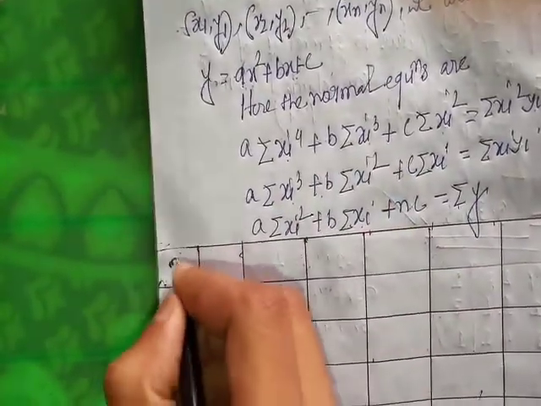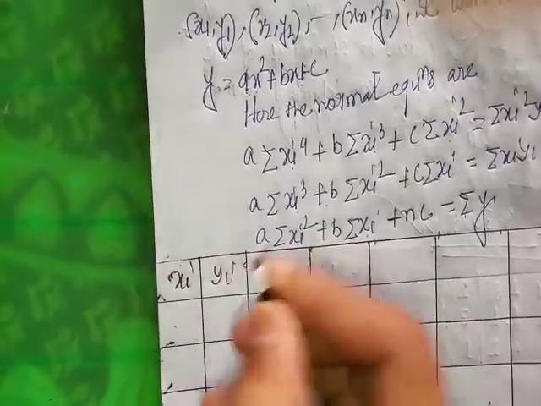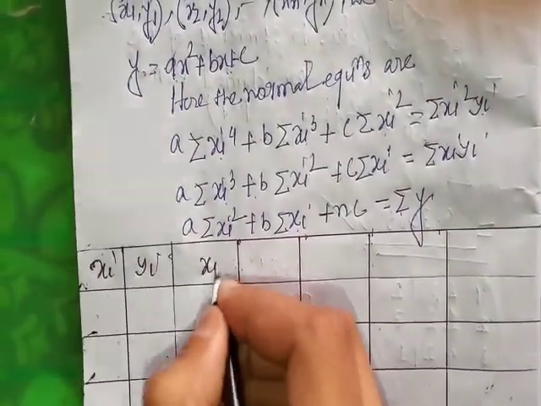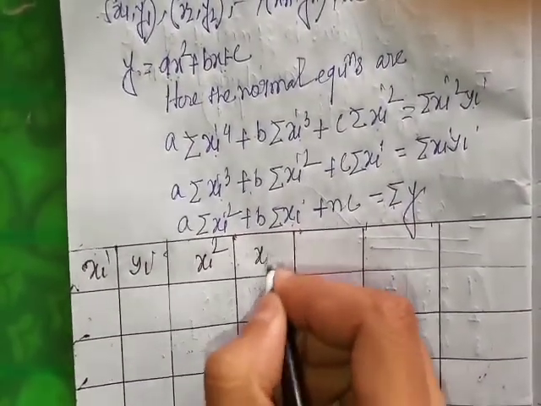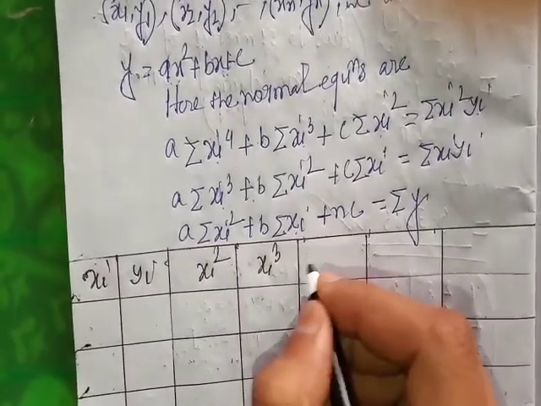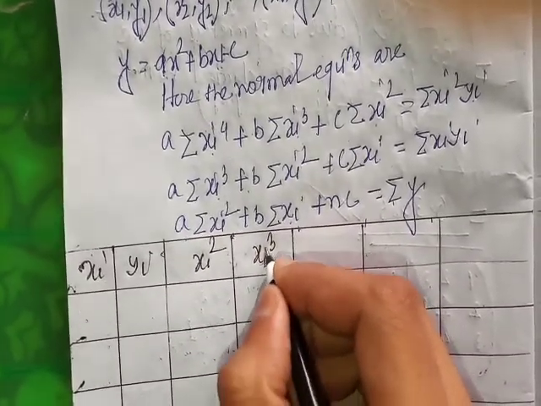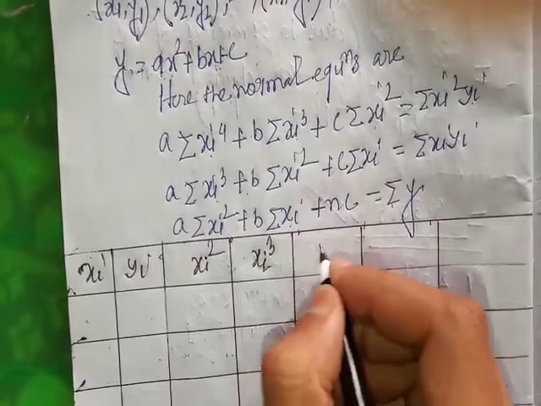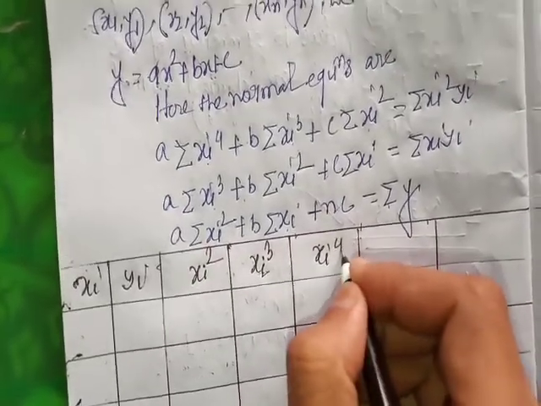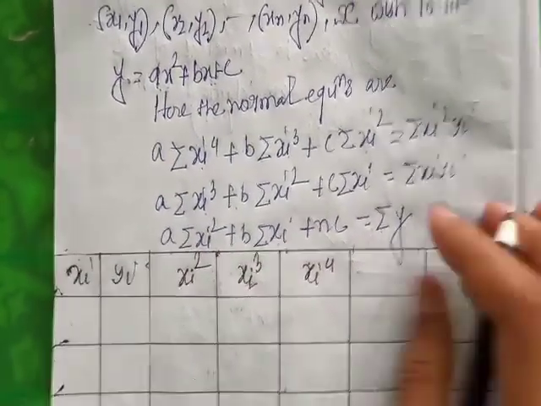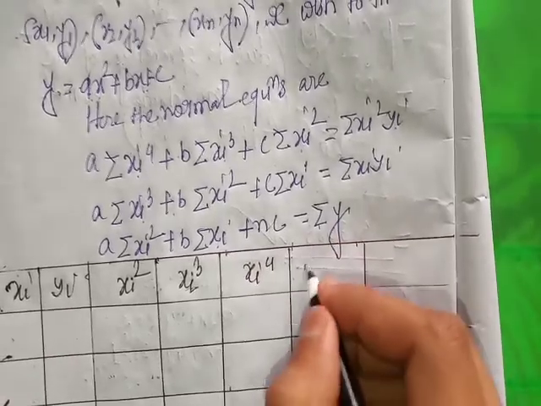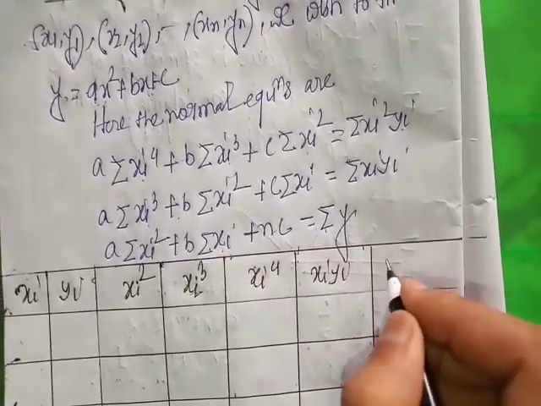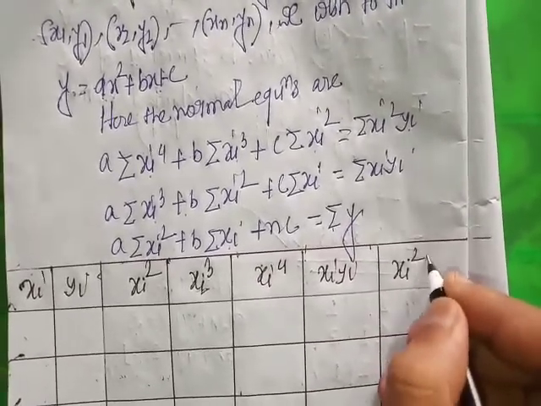This is xi, this is yi, this is xi square, this is xi cube, this is xi 4, this is xi yi, this is xi square yi.